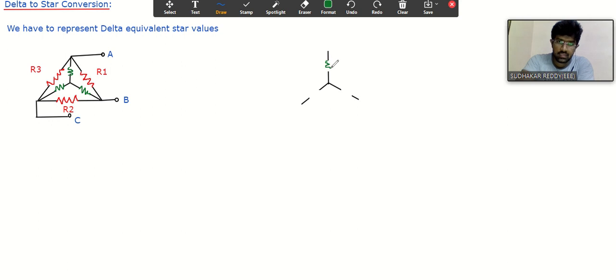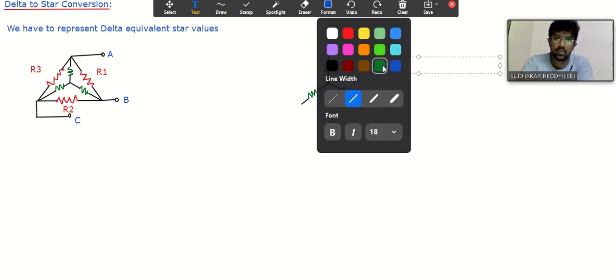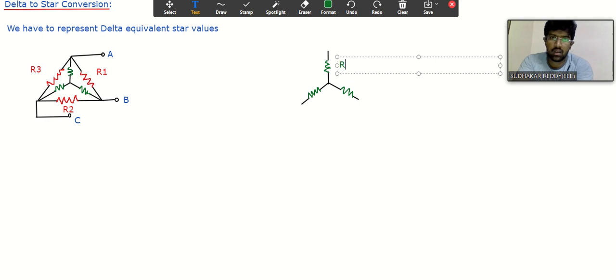I am considering this resistance as RA and this resistance as RB and this resistance as RC. I will indicate clearly. So this resistance is RA, right, and this resistance is RB and this resistance is RC.